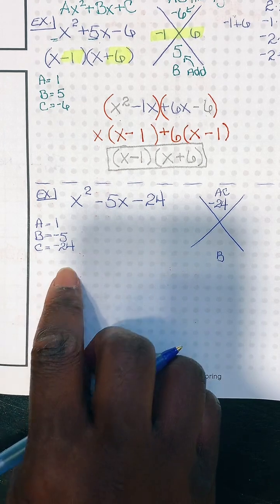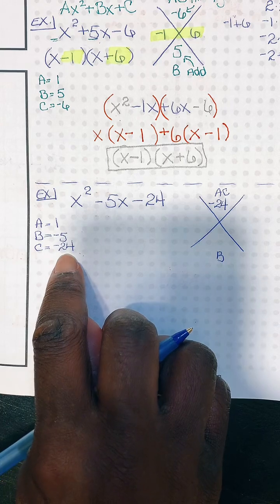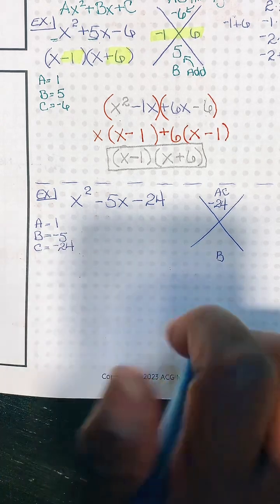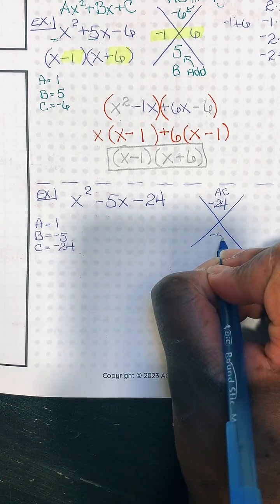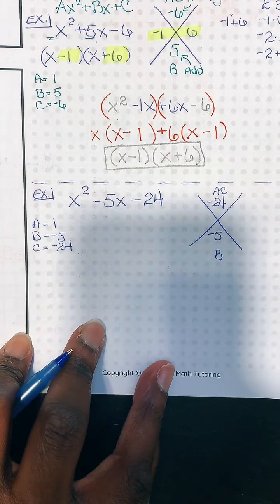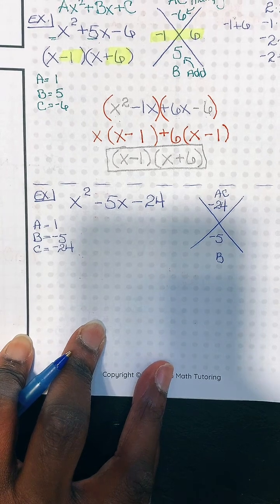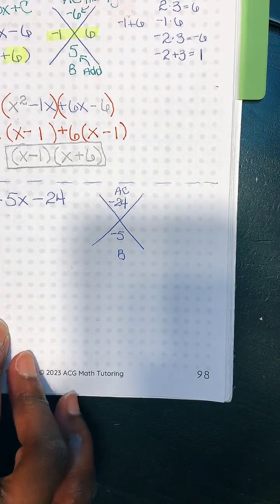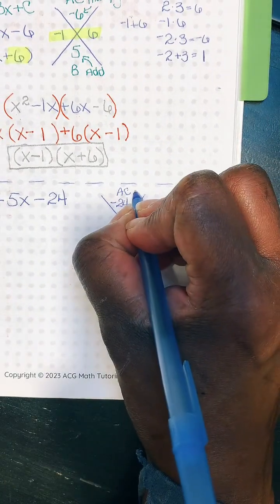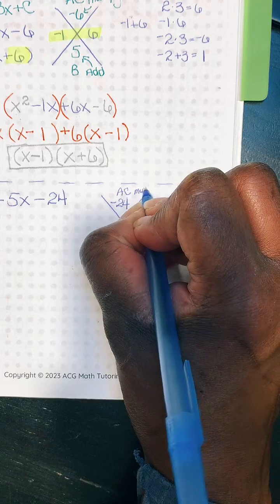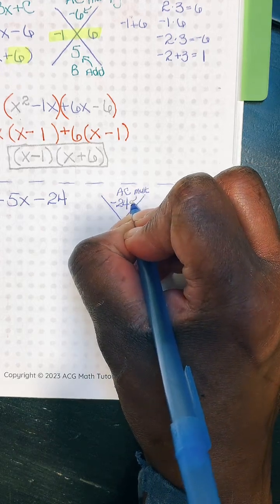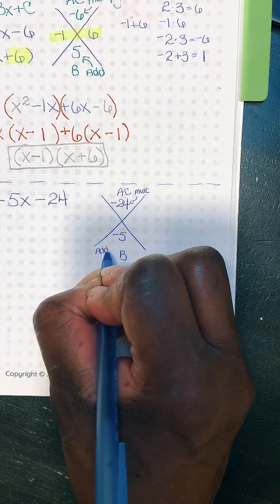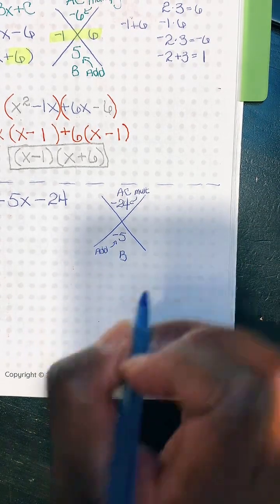Coal Hill. You're multiplying the 1 and the -24. Okay? So you're rewriting my B, which is -5. Good. Nicely done, everyone. All right? So now, the tough part. What two numbers multiply to give me -24 and add to give me -5?